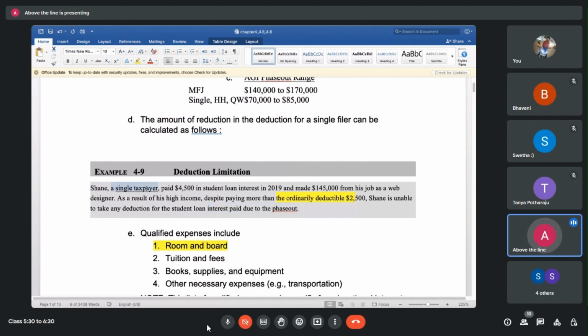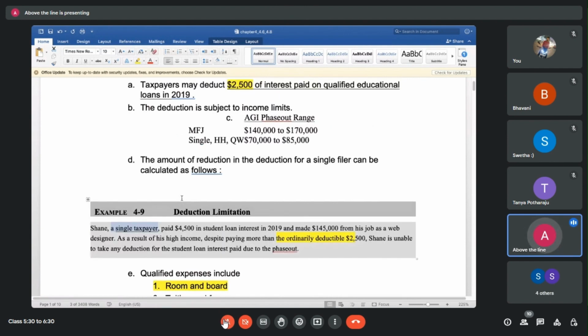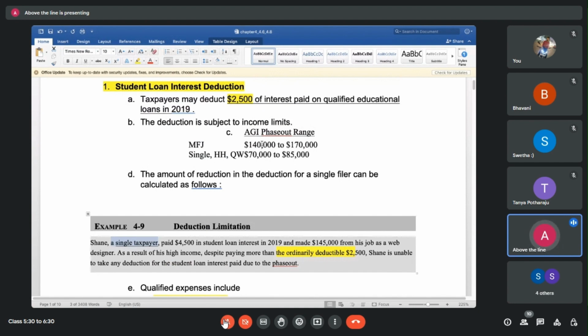If this guy is single, the limits are obviously low for single people. If they're married filing jointly, then the limits are high. So they're giving the phase out range here. For single, it's only 70,000 to 85,000, and his income is 145. So he will not get a deduction, even though whatever he must have paid doesn't matter.